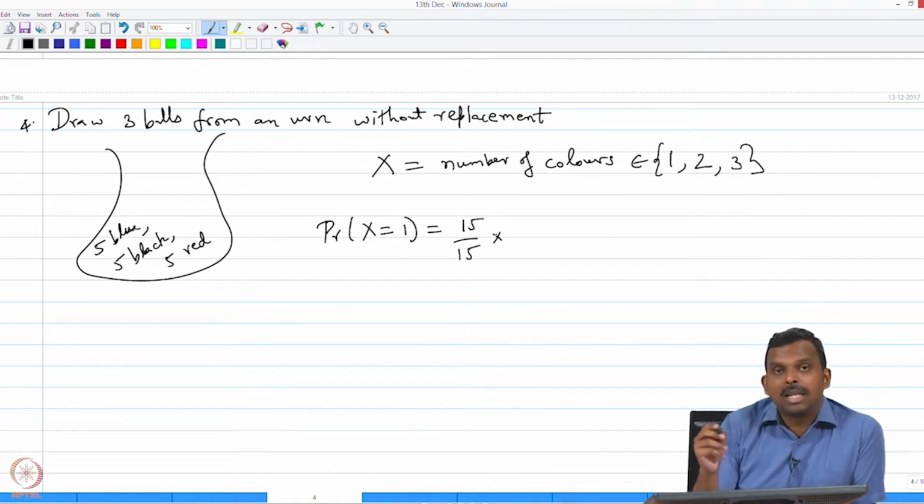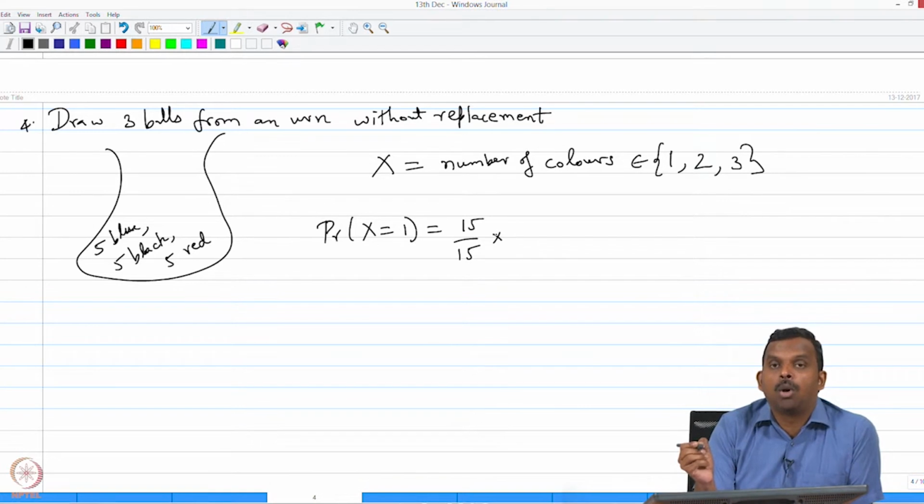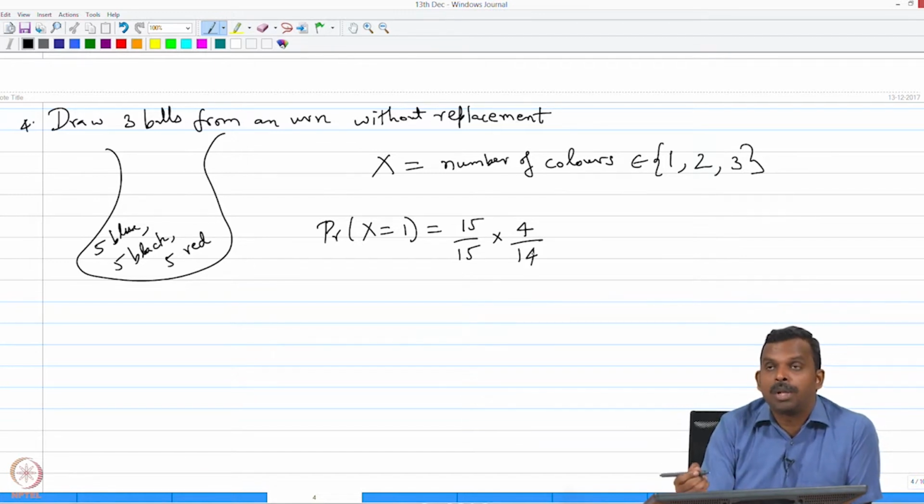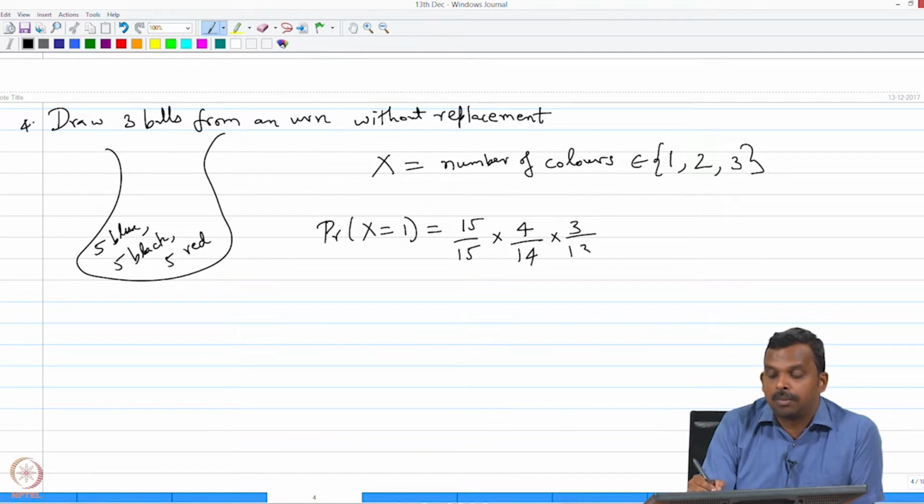Okay, but once I have picked a particular color ball, I want only one color. Okay. So, the next one should only be that same color. So, now how many balls of the same color are left? Once I have picked one ball, you have only 4 out of the remaining 14. Okay. So, I have picked 2 balls of one color and the third again becomes 3 out of 13. Is that okay? So, think about this.